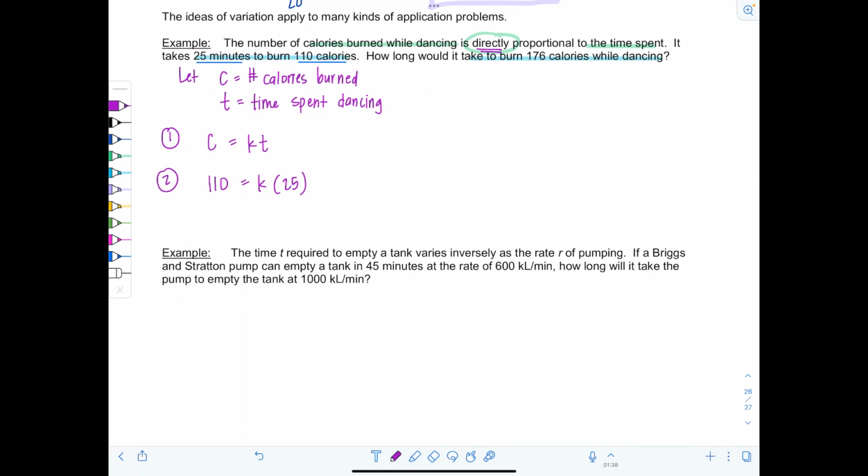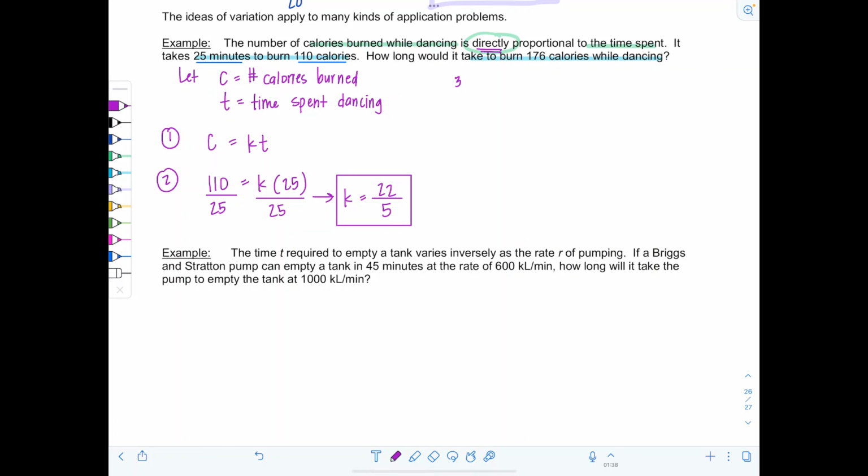And then let's go ahead, divide both sides by 25. And we'll reduce. So I can divide 110 by 5. It's going to go in 22 times, and then 25 divided by 5 is 5. So K equals 22 over 5.